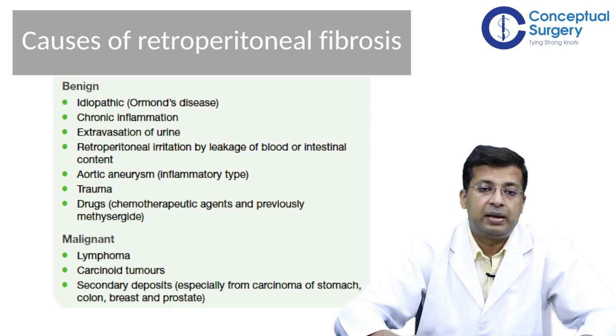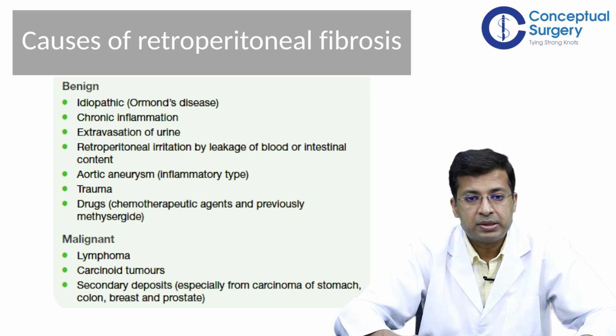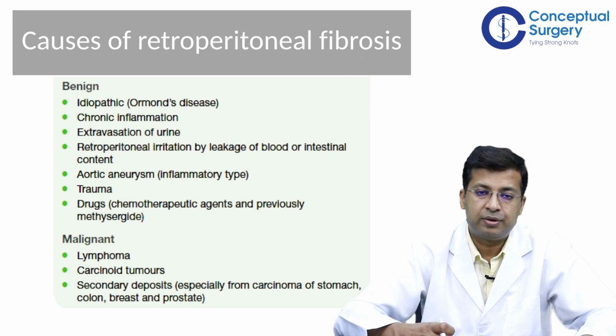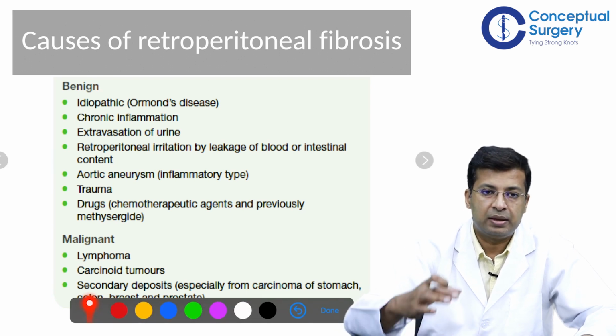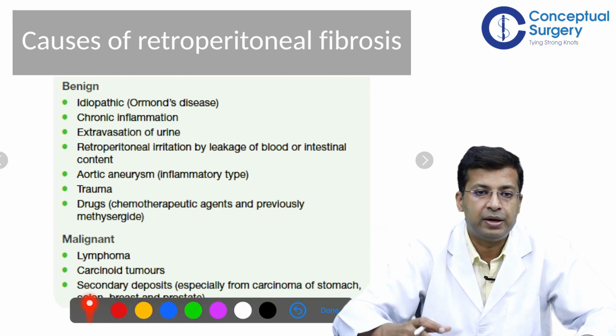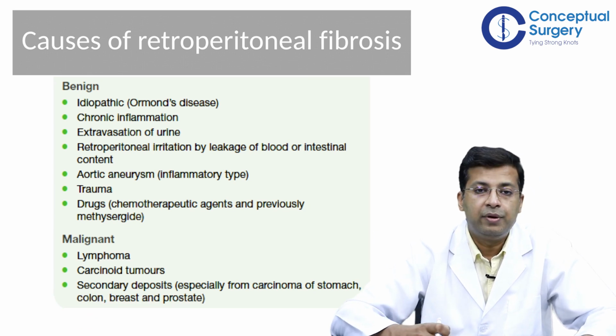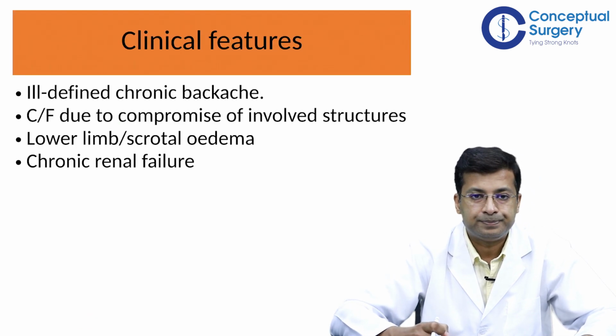Malignant causes like lymphoma, carcinoid tumors, and secondaries from carcinoma of the stomach, colon, breast, and prostate can all present with retroperitoneal fibrosis. So you can see there is a large gamut of conditions which can present in the common way of fibrosis in the retroperitoneum.